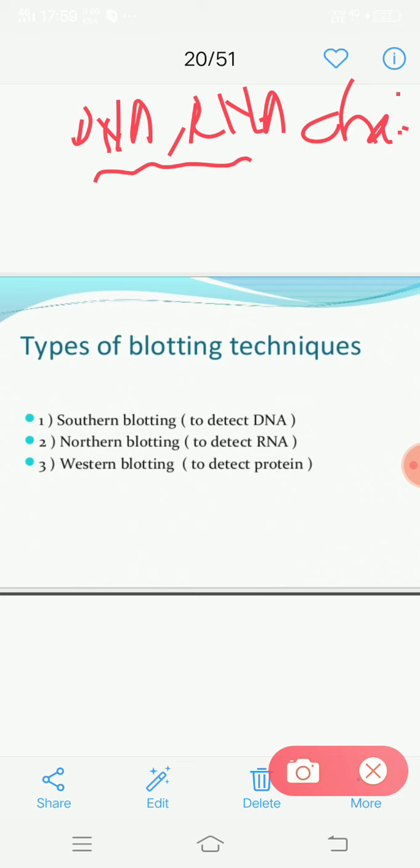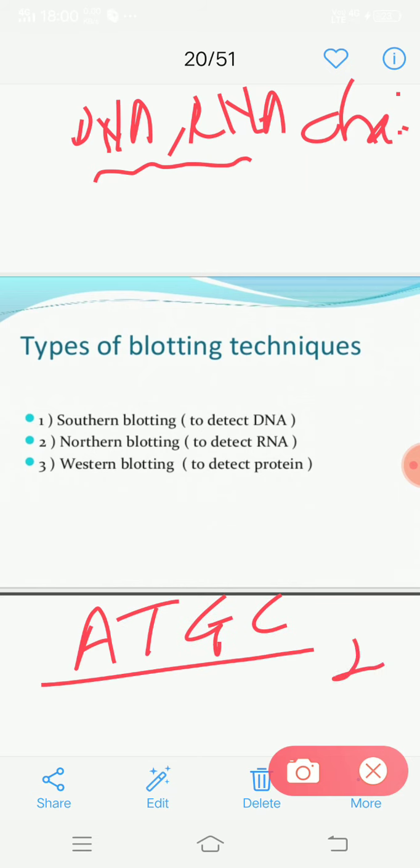Suppose your gene of interest is insulin, so you have to know the proper nucleotide sequence of this insulin, because it is your gene of interest. You are already aware of this sequence, and you have to find its position. So you have to make a complementary sequence of this insulin. Suppose this is the insulin sequence ATGC, and you have to find out the position of insulin in this vector. So how do you make the probe?